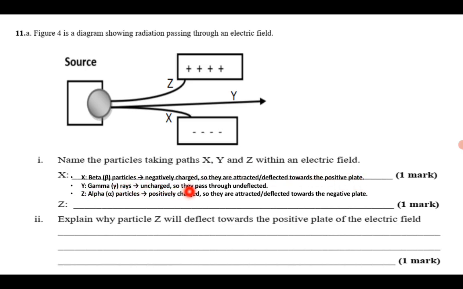Gamma is uncharged, therefore it just goes undeflected. And the alpha particles are positively charged, so they are attracted or deflected towards the negative plate.